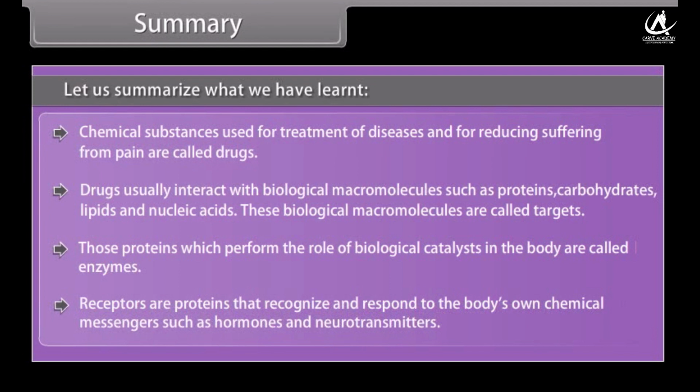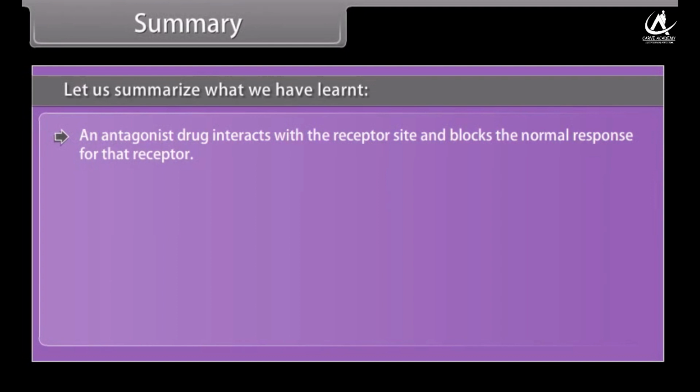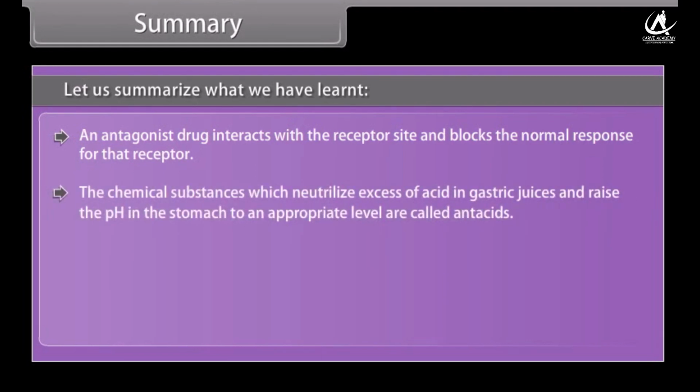Receptors are proteins that recognize and respond to the body's own chemical messengers such as hormones and neurotransmitters. An antagonist drug interacts with the receptor site and blocks the normal response for that receptor. The chemical substances which neutralize excess of acid in gastric juices and raise the pH in the stomach to an appropriate level are called antacids.